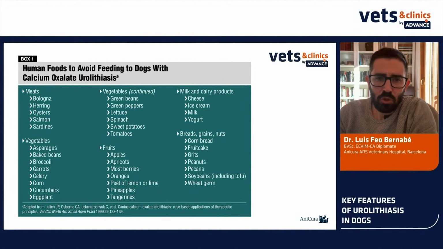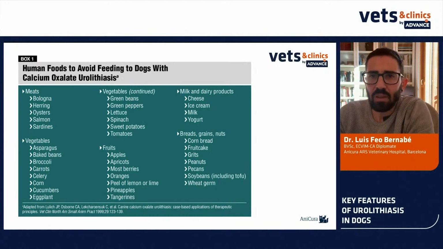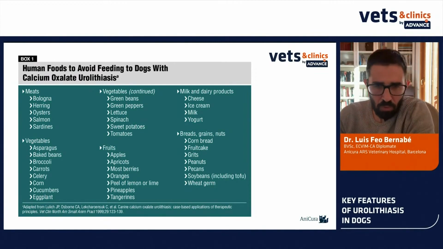I tend to show these two tables to owners, because if they are using a commercial diet, you don't need to, since you already covered this part. But if they're giving human food, my recommendation is to use these two tables to avoid some types of food that may be worse or more dangerous, causing more recurrence.